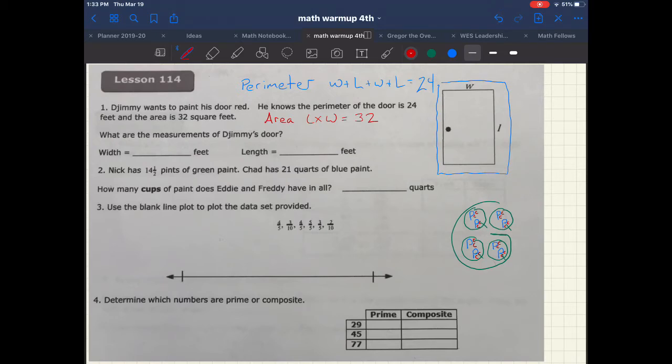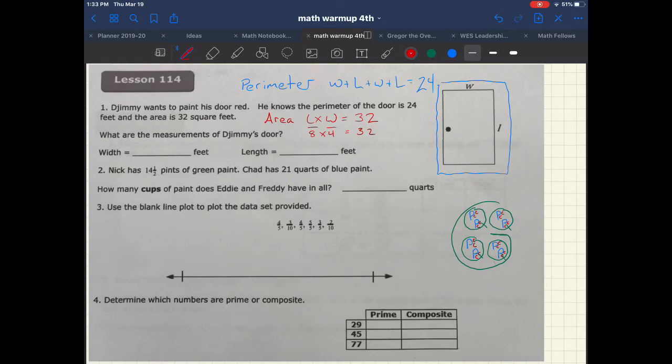The easiest way to figure this out is what times what is 32? Knowing my math facts, I'm thinking 4 times 8 is 32, and it seems to match the picture. So if we said the length was 8 and the width was 4, that would be 32.